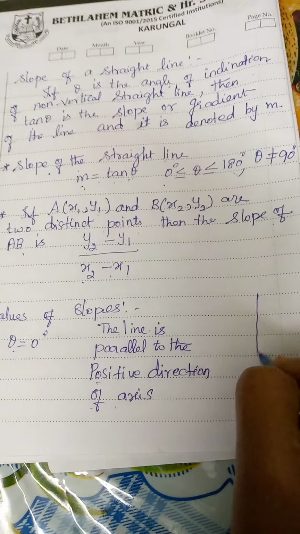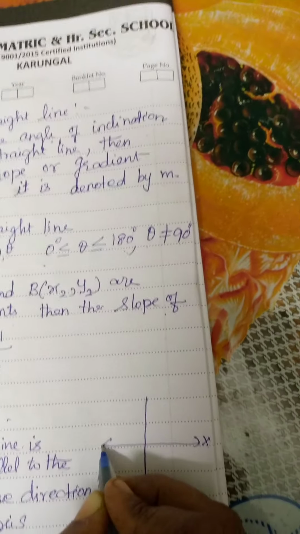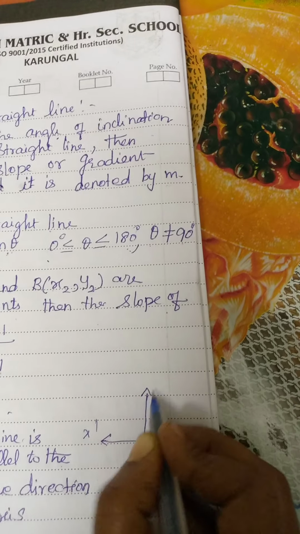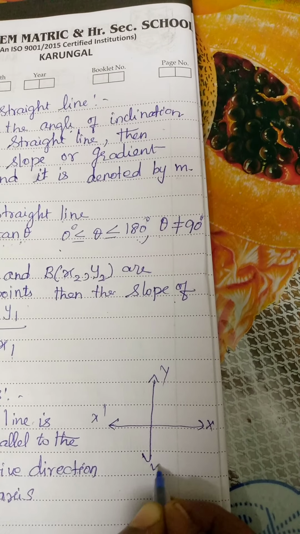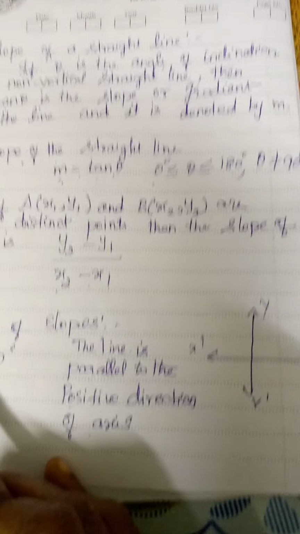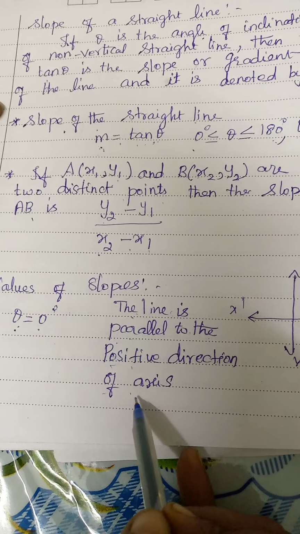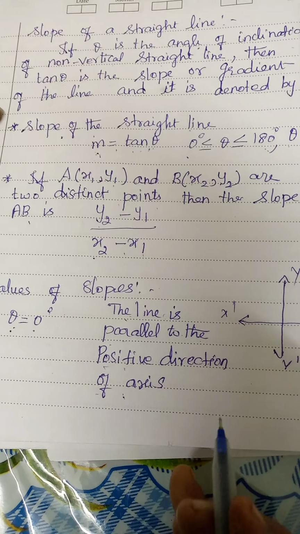For example, x dash, y dash. So the first condition is theta equal to 0 degree: the line is parallel to the positive direction of x-axis.